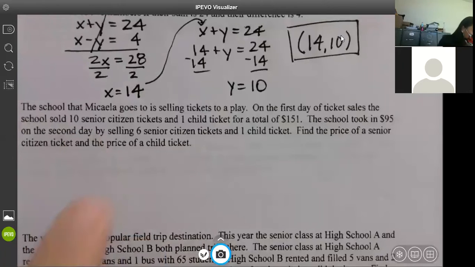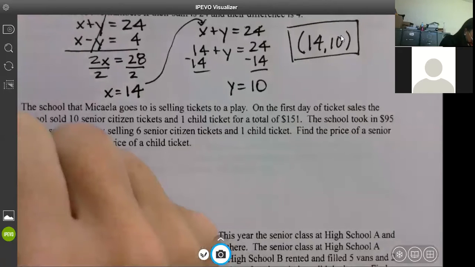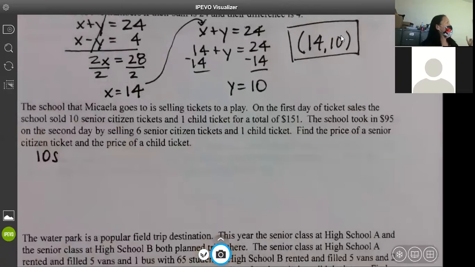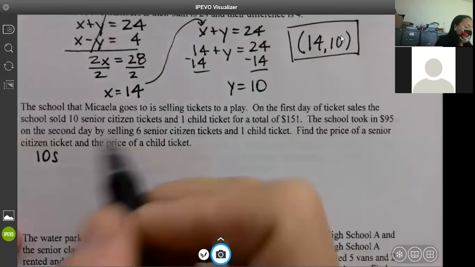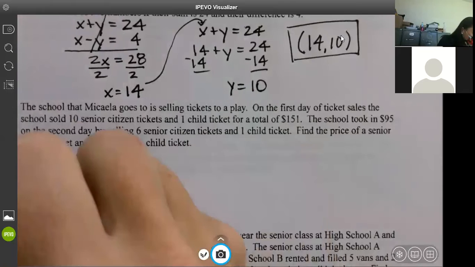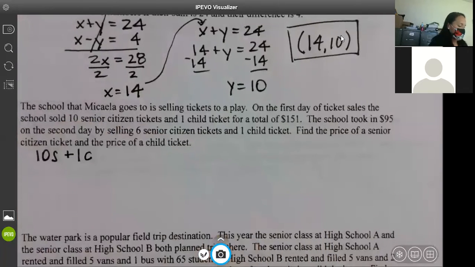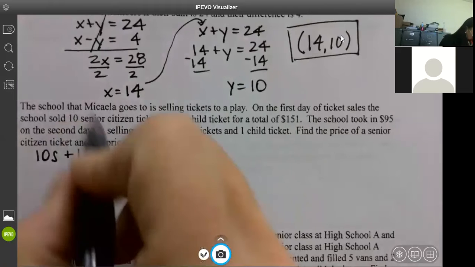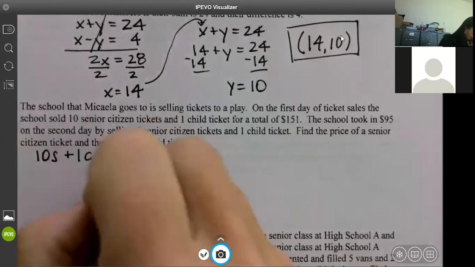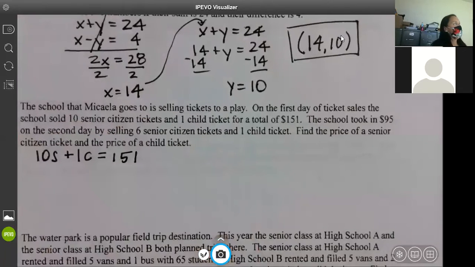10 senior citizens. So I do this, 10S instead of y. So I know that stands for senior citizens. And 1 child is what they sold. So plus 1C, and I'll use C for child. And it had a total of $151. Let's see if you can set up the second one.